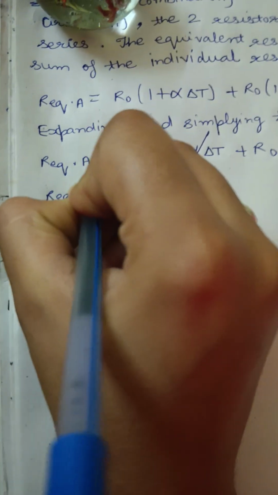So we get R equivalent A is equal to 2R naught.